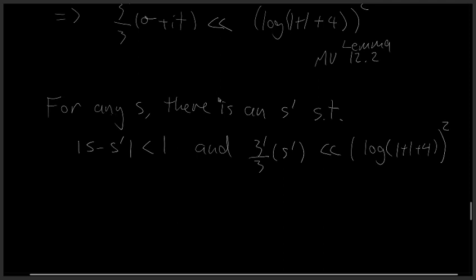But bounding things in the critical strip was much more difficult, much more involved. We needed to use a Hadamard product and some identities and these relatively difficult facts about the number of zeros of the Riemann zeta function in any little window to bound these sums. So that's typically how it goes: when you're in the critical strip, this kind of analysis is much more difficult, and usually your understanding of what's going on there is the limit for how good of a result you can get for whatever your application is.